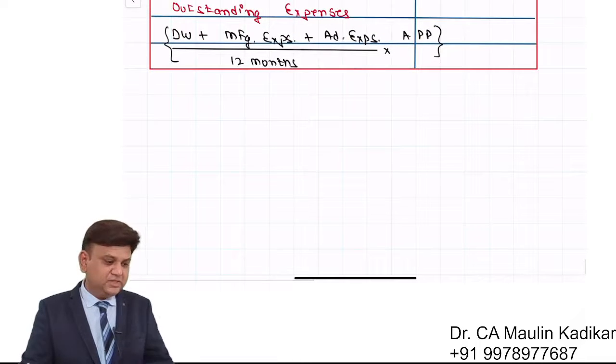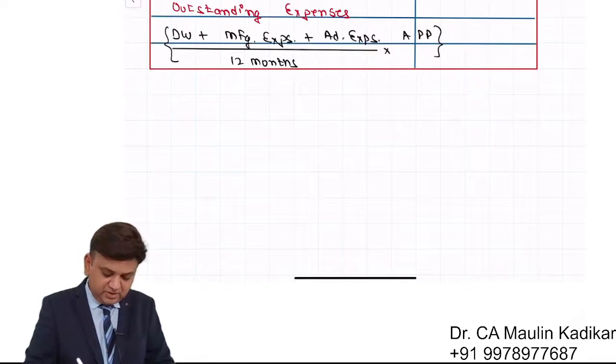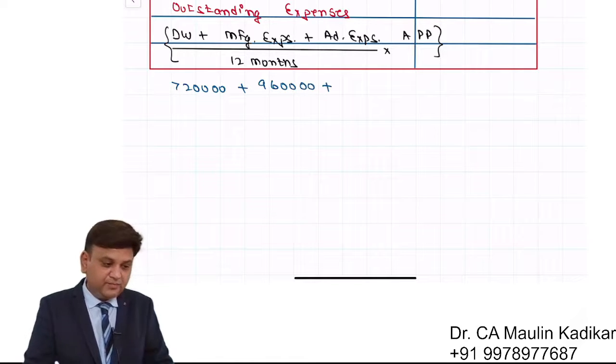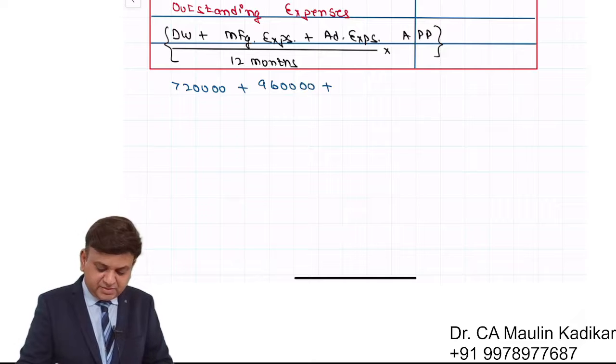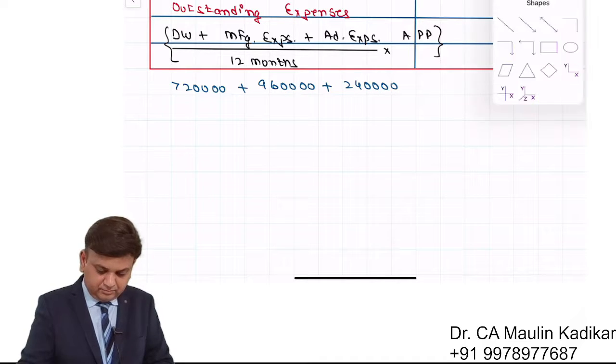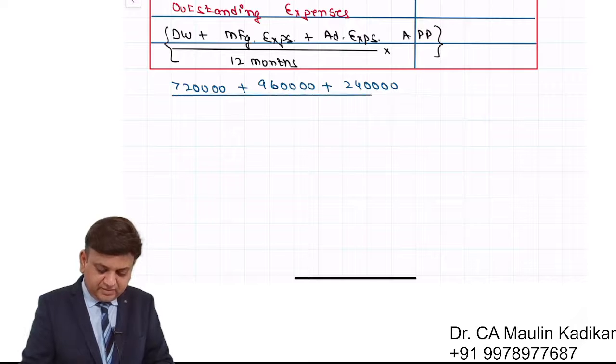Amount of the direct wages is rupees 7,20,000. Cash manufacturing expenses are 9,60,000. Administration expenses 2,40,000 divided by 12 months into 1 month.